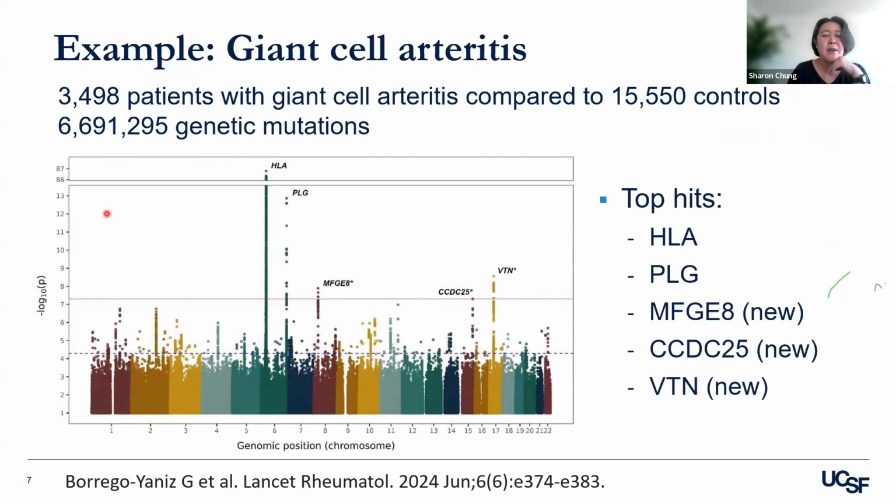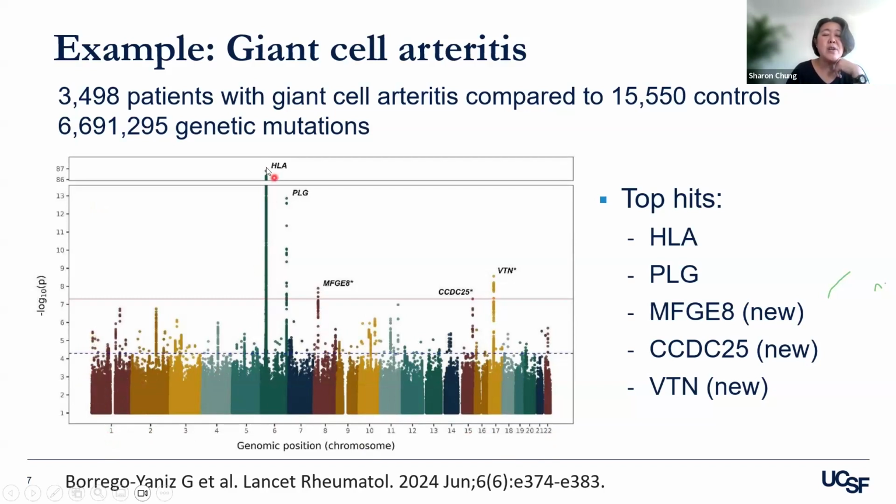So on this graph here, each dot represents one of the genetic mutations they looked at, and it's plotted based on what chromosome it's on. So 22 pairs of non-sex chromosomes in each human cell. So plotted based on the chromosome and where it's located on the chromosome.